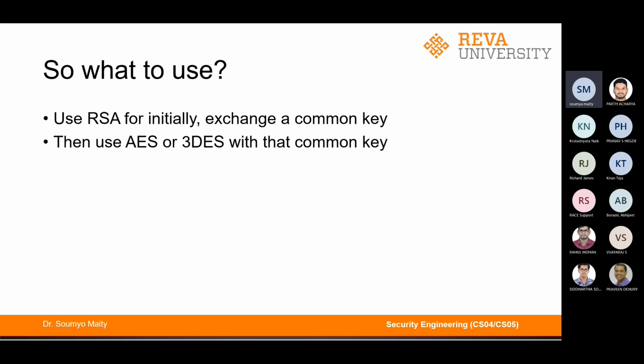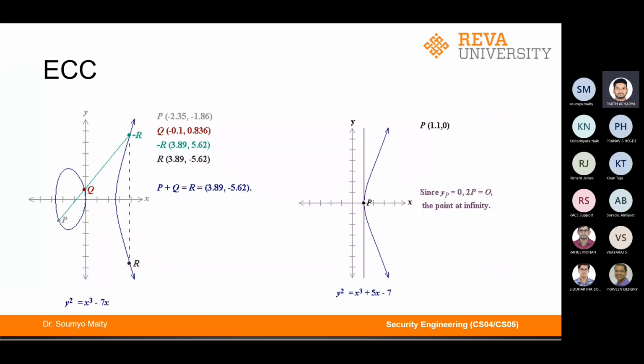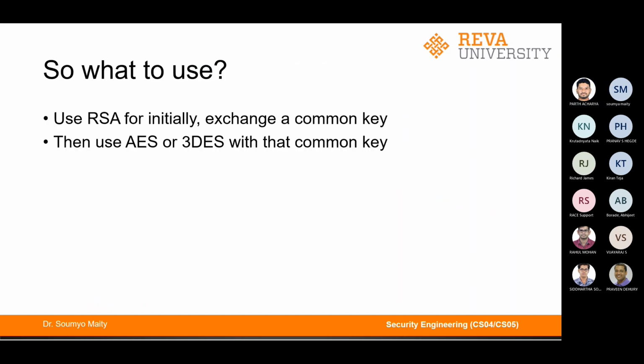But if that is not broken, the rest of the communication is secure, because it is done by AES or DES, which is much faster and much more secure. And we keep changing our symmetric key, so even if RSA is compromised, after one or two hours our AES key has already changed.